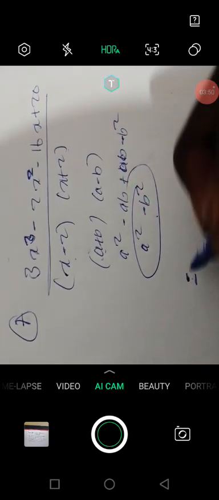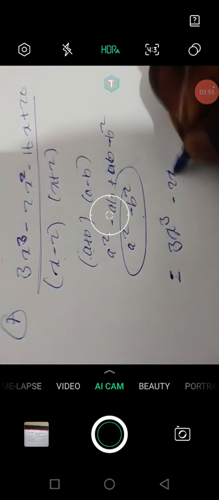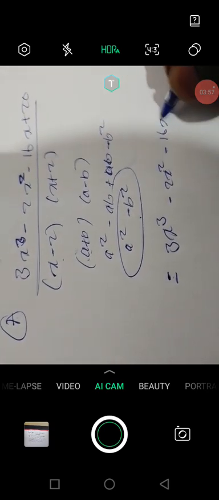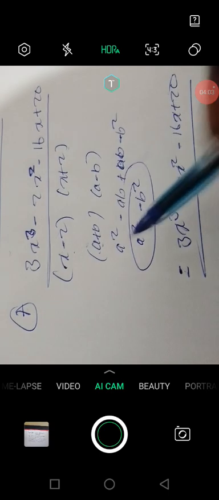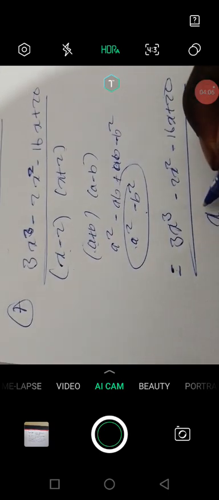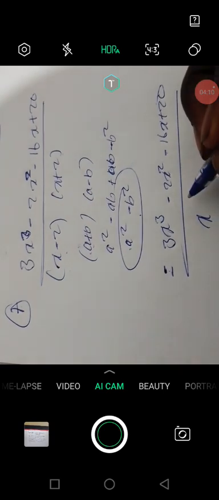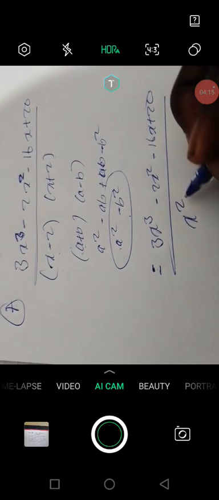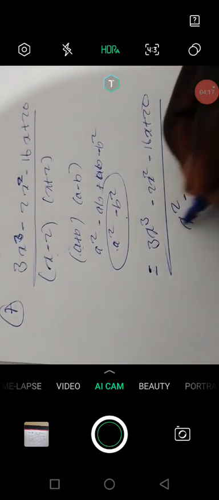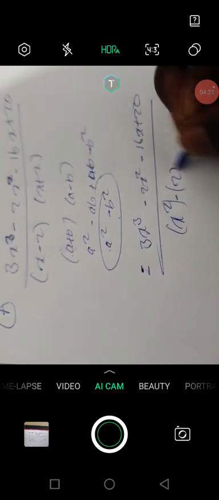So the same applies: 3x to the power 3 minus 2x squared minus 16x plus 20, divided by a, which is x, so I put x squared, minus b, which is 2, so I put 2 squared.